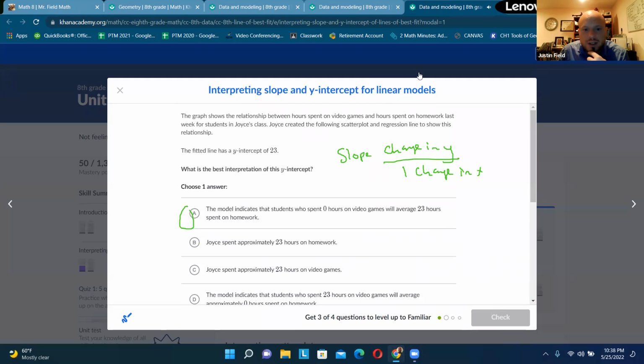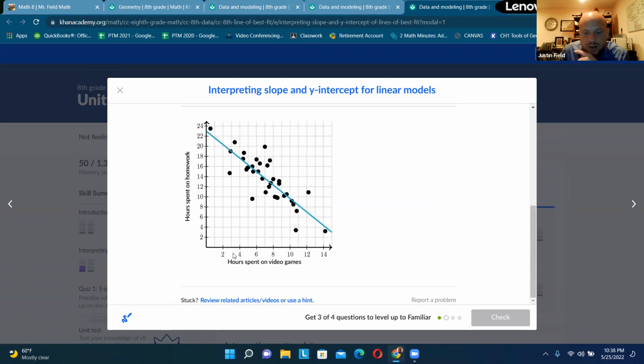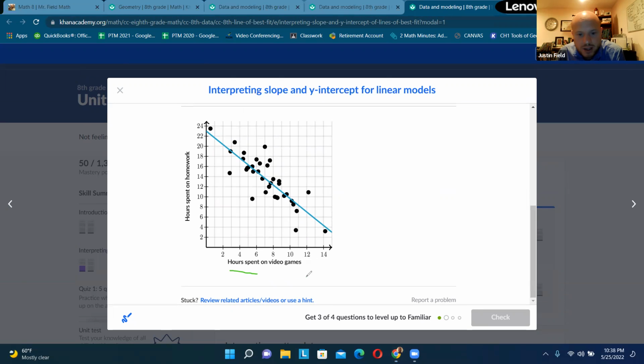All right, so the fitted line has a y-intercept, an initial value, of 23. And so even without reading the situation, I understand it. Hours spent playing video games and hours spent doing homework. So that stands to reason. The more time you spend playing video games, the less time you spend on your homework, right?